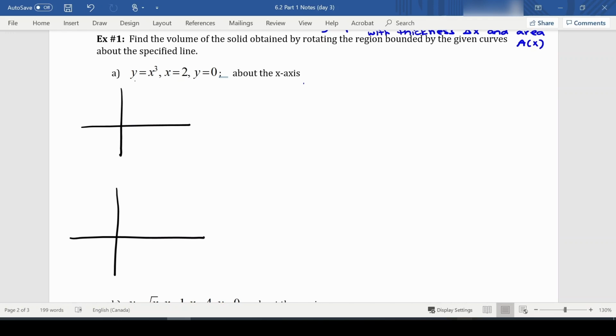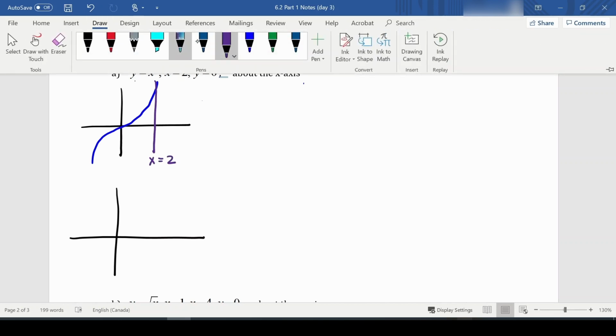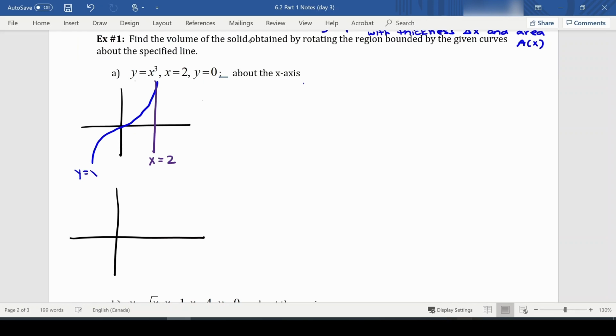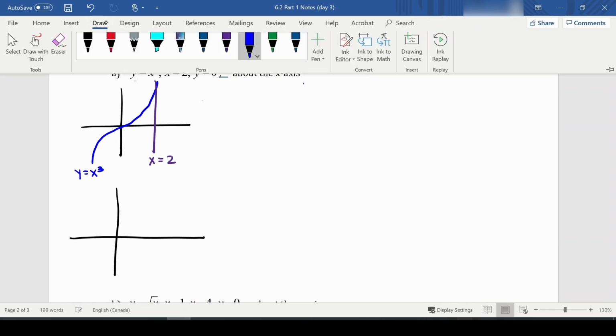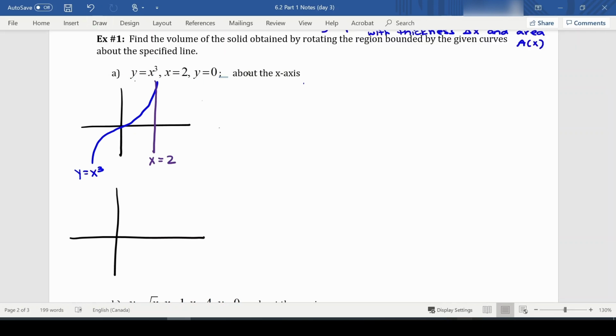Okay. So first we have y equals x cubed. Okay. We have the line x equals 2. This is y equals x cubed. And then we have y equals 0. So our enclosed area is this area in here.